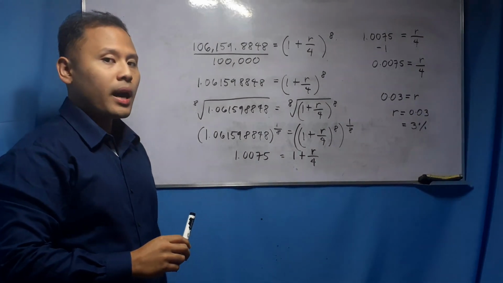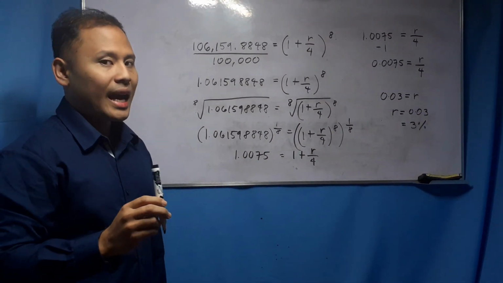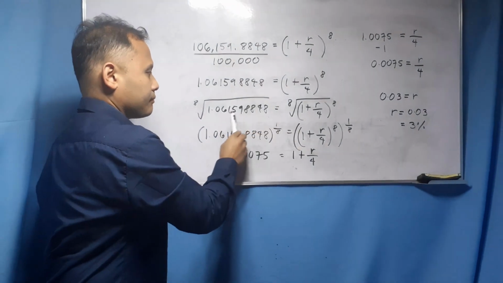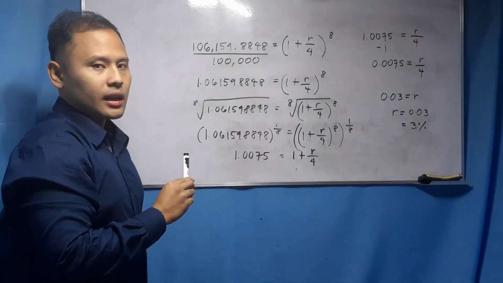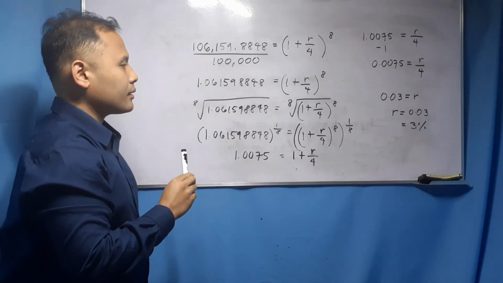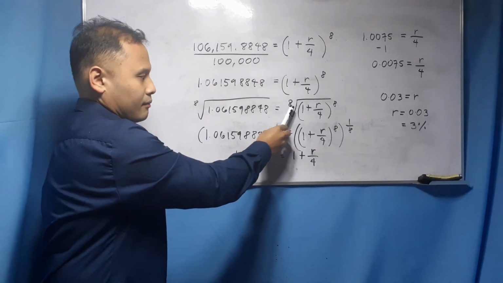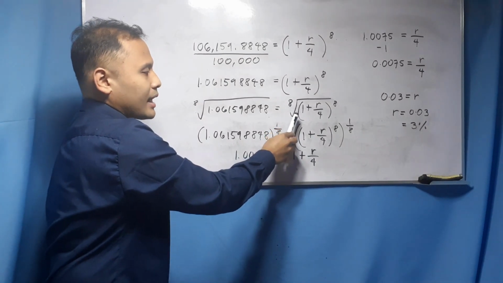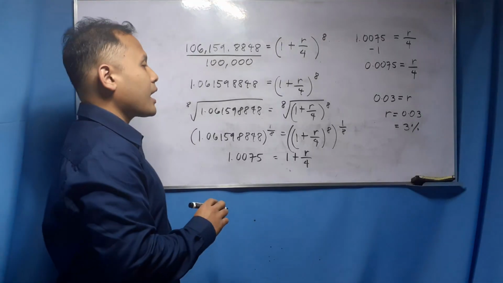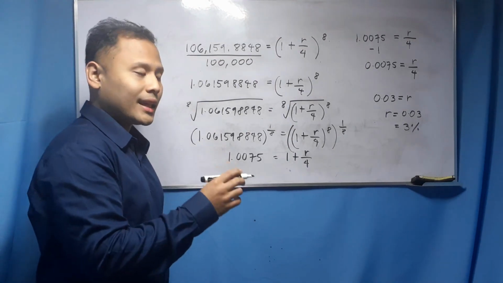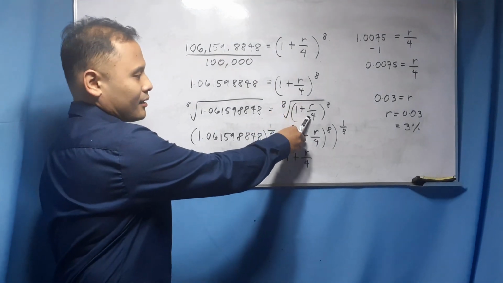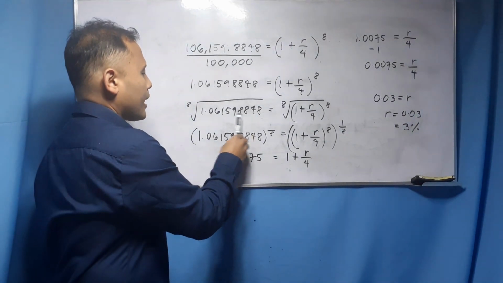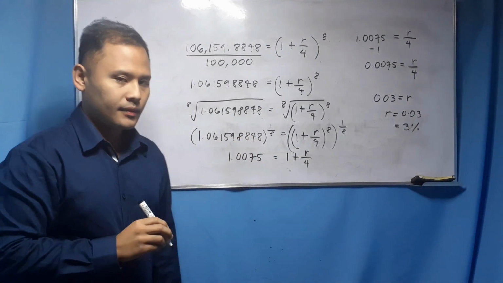We can do so by applying the 8th root of each quantity. Our target here is to cancel 8 by getting the 8th root. Because we are getting the 8th root of the quantity in the right hand side, we also get the 8th root of the quantity in the left hand side.